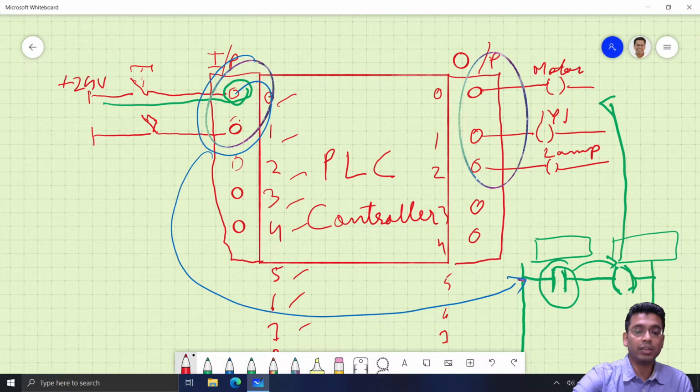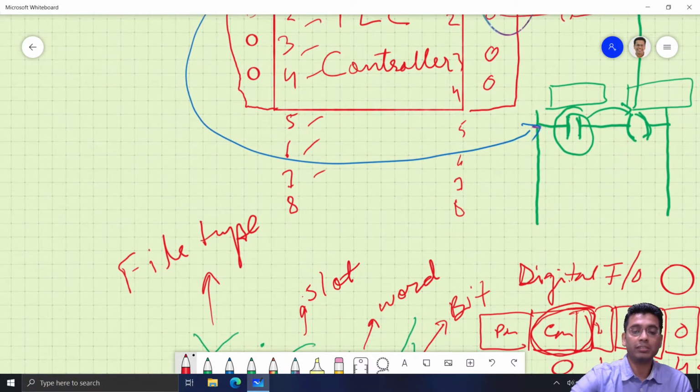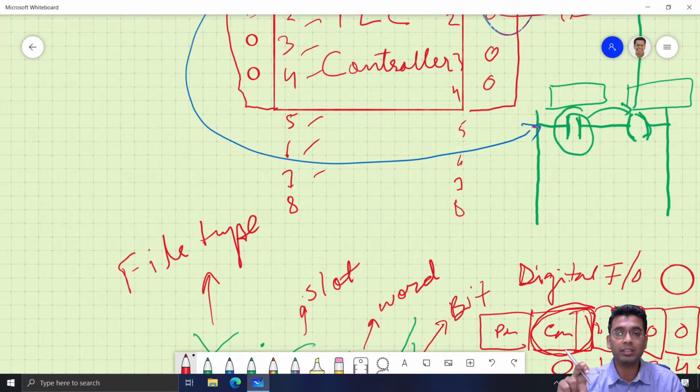Say your one module has only 8 bits, that means only 8 inputs could be made. After 8 you have to have another module. Suppose you had a total of 13 digital inputs to be connected, and your module contained only 8 digital inputs. Then to go beyond 8, you have to insert the next module, and the numbering would again change.